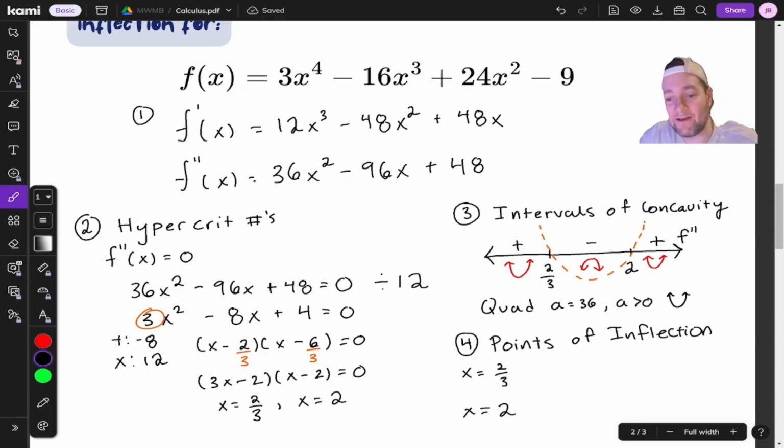Now, if we were graphing this, the y values would be very important because we'd have to put that on the graph to have the most accurate sketch. So all we do is we put 2 over 3 back into our original function, and we get 2 over 3 to the power 4. Obviously, this is not very mental math friendly. All to the power 3.